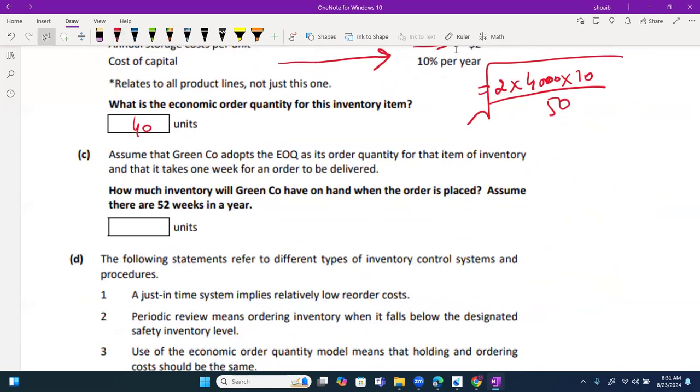Assume that Greenco adopts the EOQ as its order quantity for that item of inventory, and that it takes 1 week for an order to be delivered. How much inventory will Greenco have on hand when the order is placed? Assume there are 52 weeks in a year. So technically, he's asking you about the reorder level.